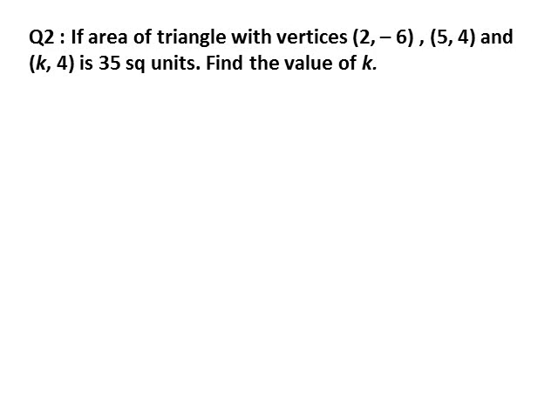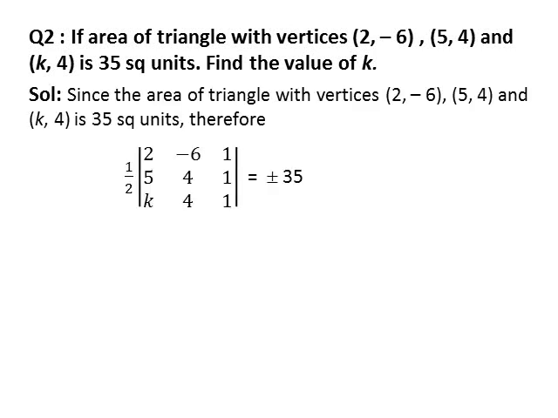In this question, the area of the triangle whose vertices are (2, minus 6), (5, 4) and (k, 4) is given to us as 35 square units. We have to find the value of k. Since the area of the triangle with given vertices is 35 square units, we have half multiplied by the determinant in which elements of R1 are 2, minus 6 and 1, elements of R2 are 5, 4 and 1, elements of R3 are k, 4 and 1, equals plus minus 35.